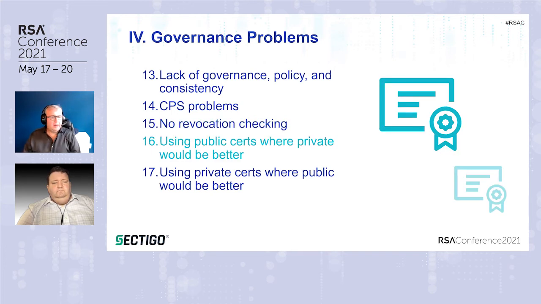And then the public-private certificate, these two, again, 16 and 17 kind of go together. Public certs and private certs, they have their own individual advantages, right? Public certs are essential for certain interoperability scenarios where there's just no other way, or for services that reach outside of your own walled garden.